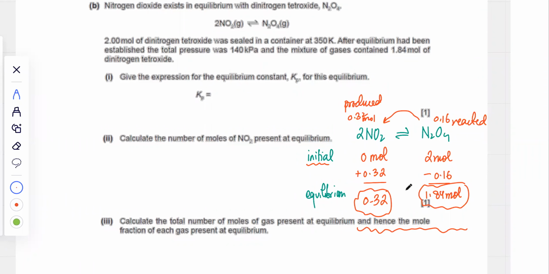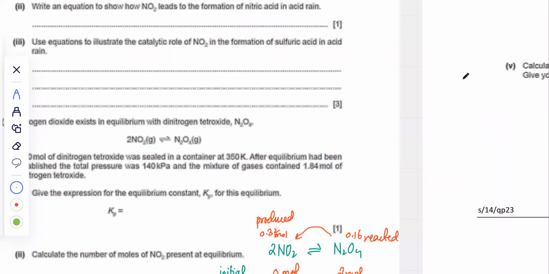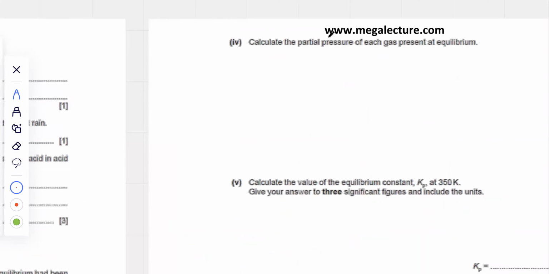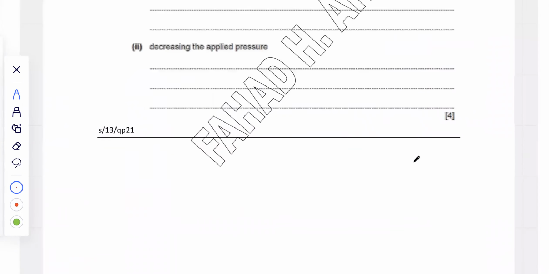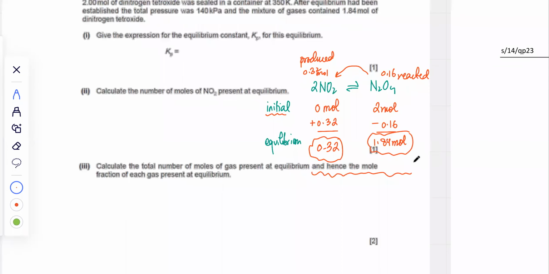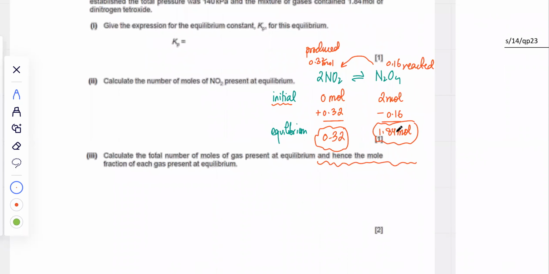Eventually he's going to ask you about the partial pressures of each gas, and then he's going to ask you to find the value of Kp. So we're going to directly do all of this over here.